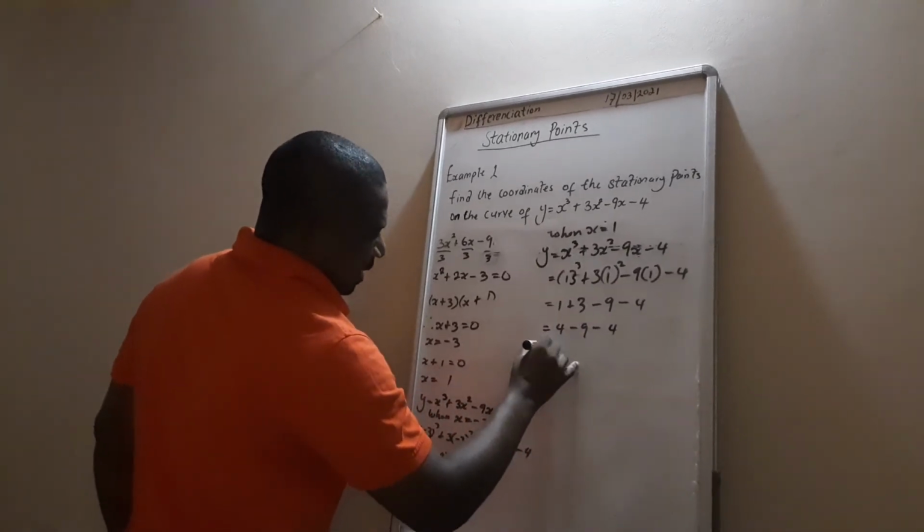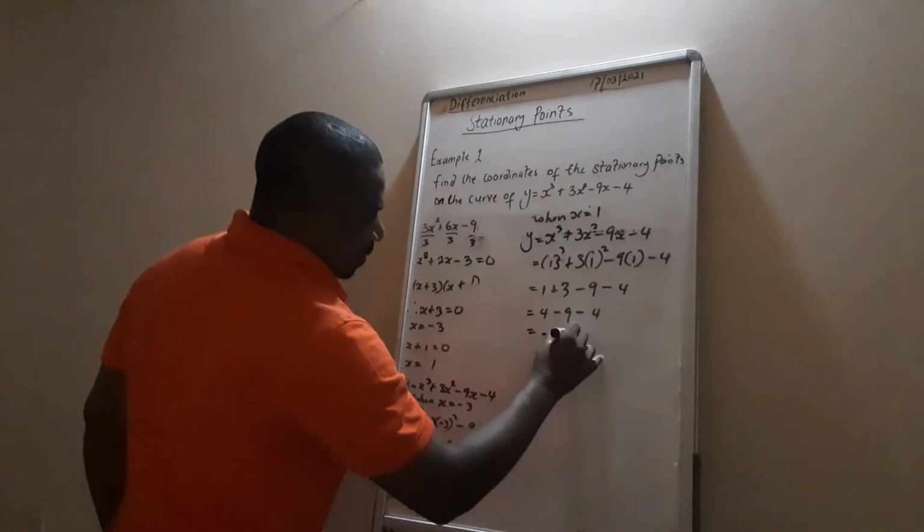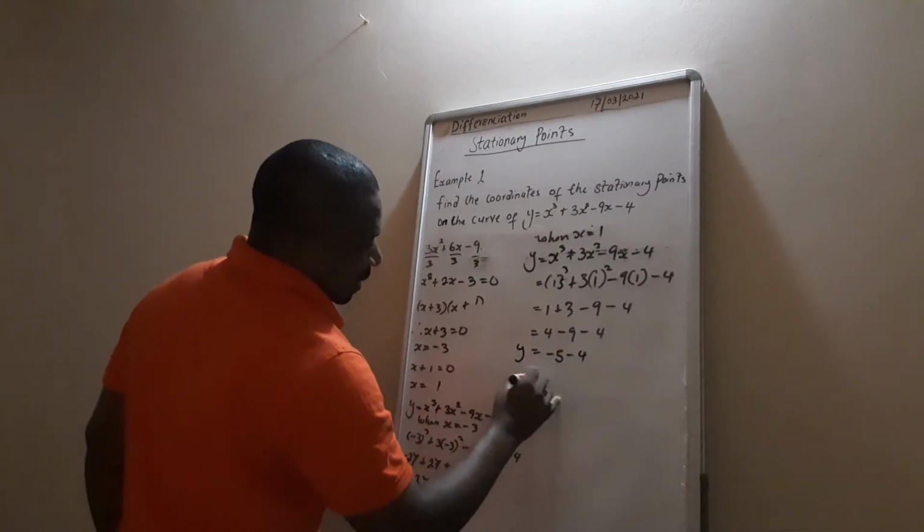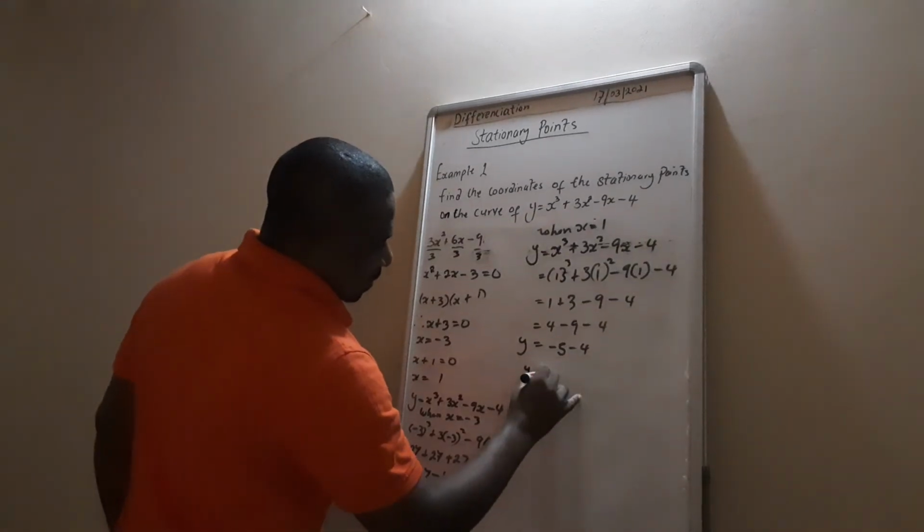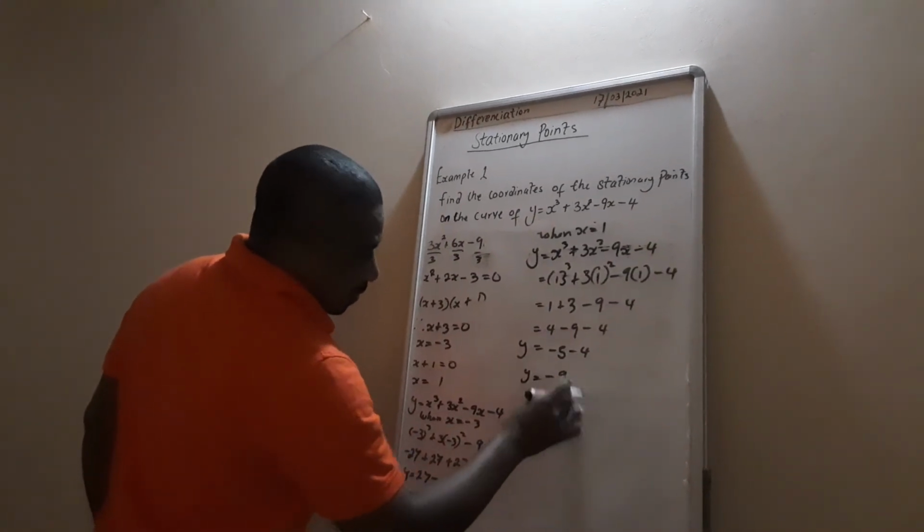So 1 plus 3 is 4, 4 minus 9 gives us minus 5, minus 4, so y becomes minus 9.